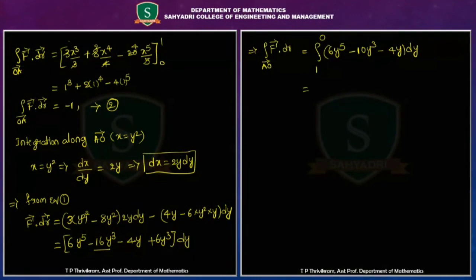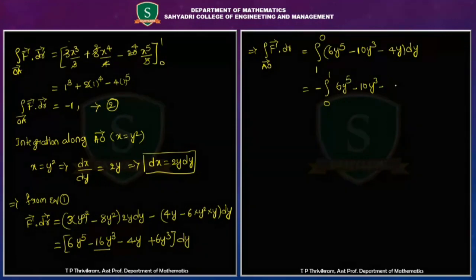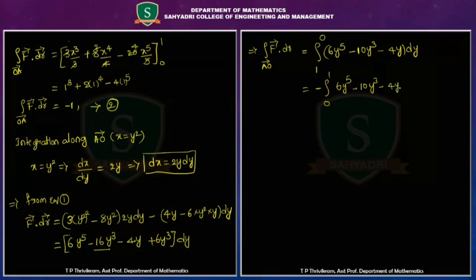Or you can take this one as reverse. Whenever you are taking the limits as reverse, you have to multiply with minus. So if you are taking the integral with a minus, 0 to 1 it will be converted: 6y power 5 minus 10y cube minus 4y into dy.